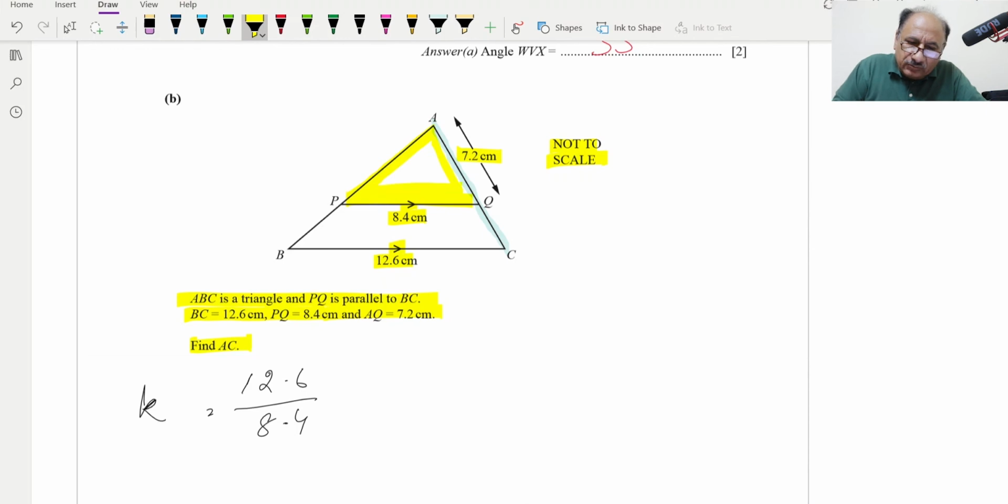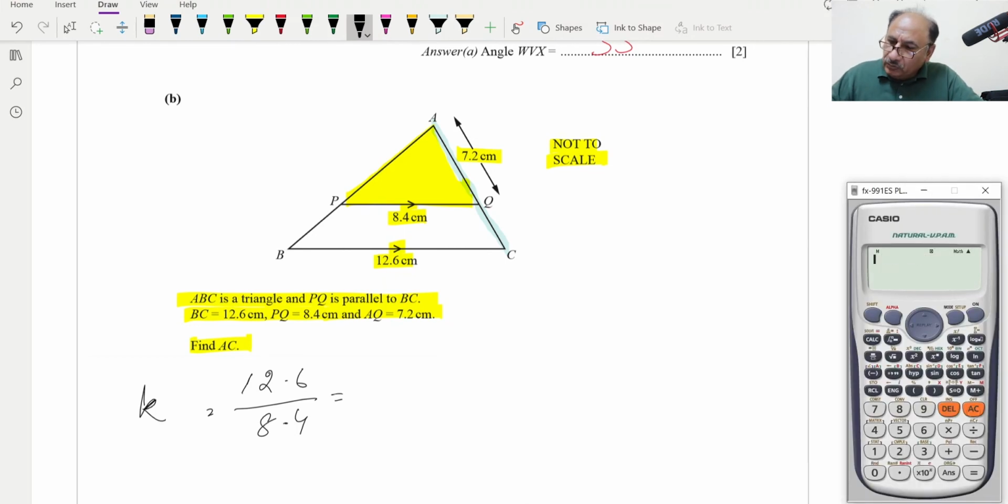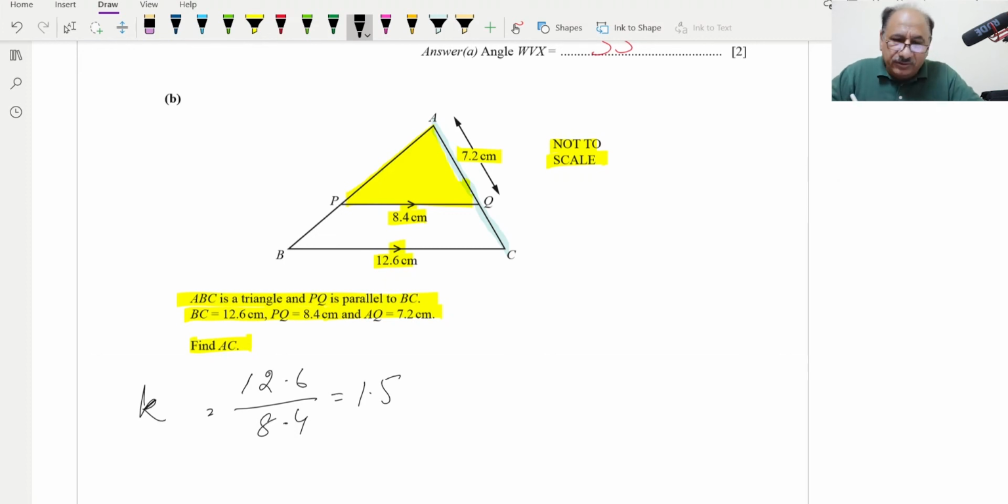The other one will be the bigger triangle, which is ABC. So this ratio is 12.6 divided by 8.4, which is equal to 1.5. So 1.5 will be the ratio.